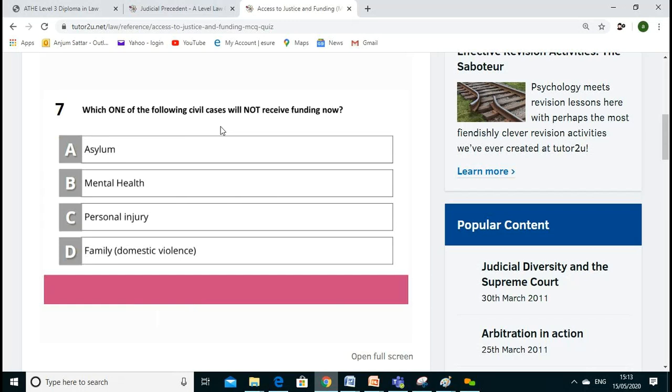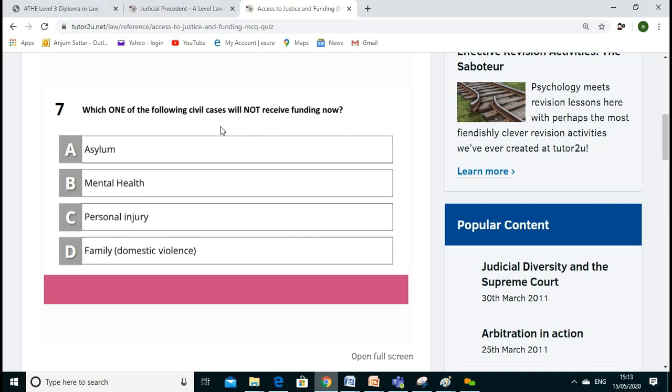So which one of the following cases will not receive funding now? Mental health, personal injury, family, domestic violence, or asylum? In the past, legal aid was available for almost every case. Is it family, domestic violence, personal injury, mental health, or asylum?